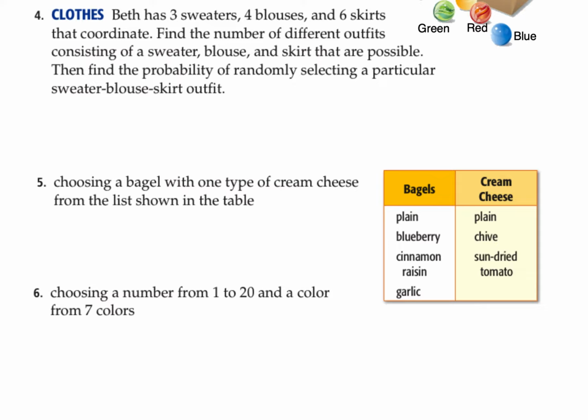All right. So we're going to do the fundamental counting principle, and then we will calculate the probability just using simple probability. The fundamental counting principle will give us the total number of outcomes. And one specific sweater, blouse, skirt outfit, that is only one of those outcomes. So we start with 3 sweaters, we have 4 blouses to pick from and 6 skirts to pick from.